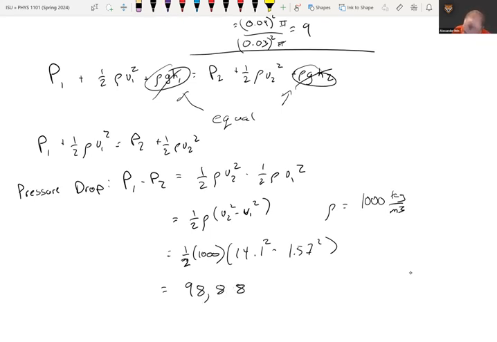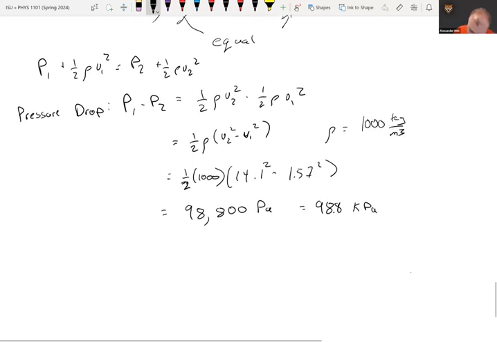Really it would be 98,800 pascals. That's 3 sig figs, or 98.8 kilopascals. You'd move it 3 places, so it's 98.8 kilopascals. Okay, so that's the pressure drop you had there.